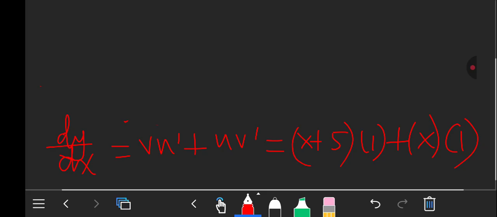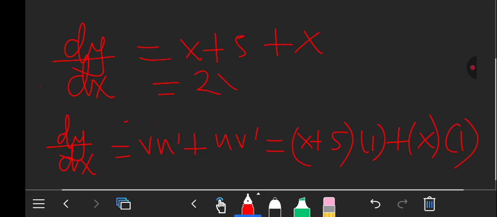So what is dy over dx? It will be equal to x plus 5 times 1, which is just x plus 5. Then plus x multiplied by 1, that is just x. When you collect the like terms, this will give you 2x plus 5. So this is the answer.